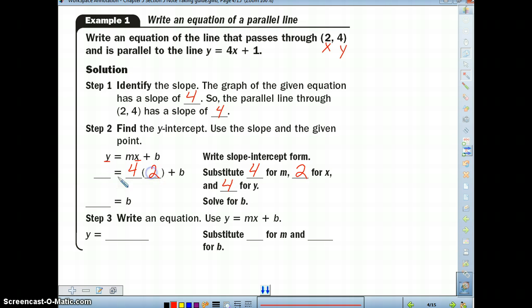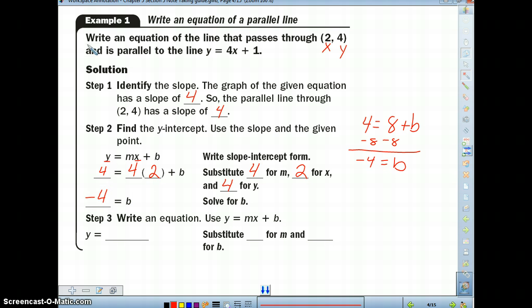My y value is 4, my x value is 2. Now when we solve this, 4 times 2 would be 8. So 4 equals 8 plus b; minus 8, minus 8. Negative 4 equals b. So b equals negative 4.